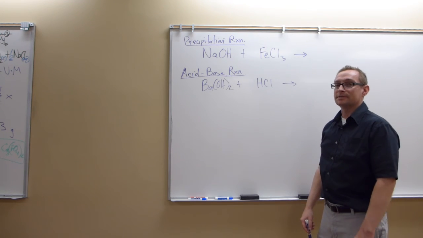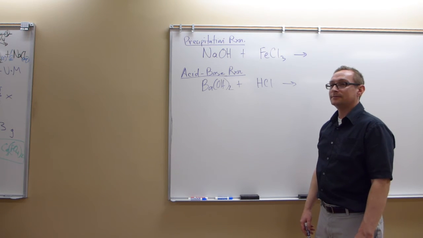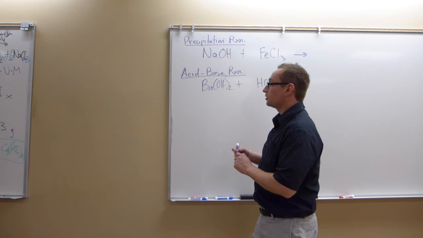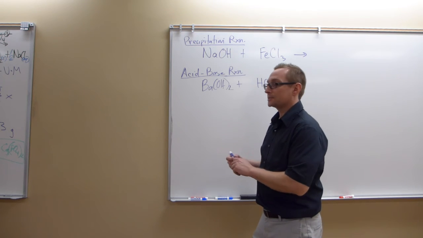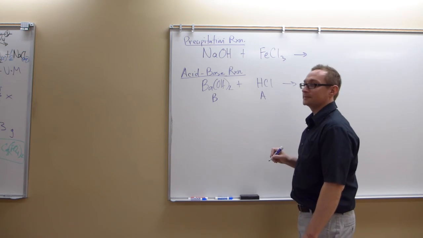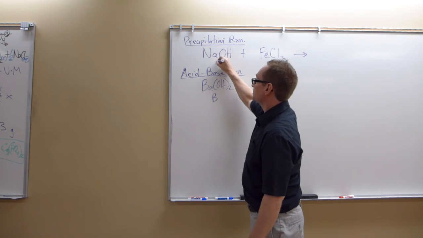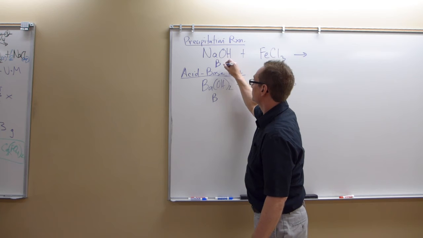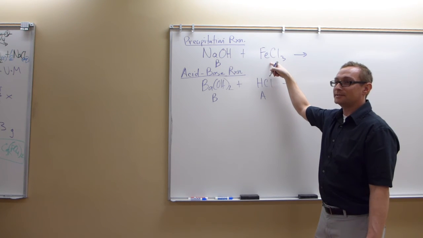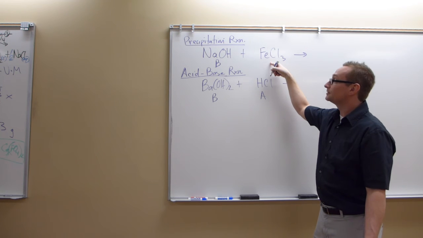So how are you able to tell? First and foremost, before you get to strong or weak acids, you recognize that this is a base, and that this is an acid. But you recognize that this is also a base. But for this, is this a base or an acid? It's neither. It's a neutral salt.